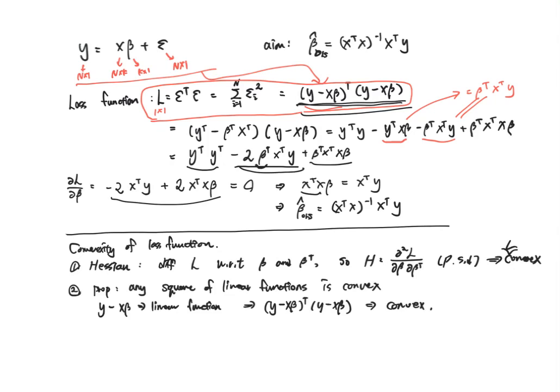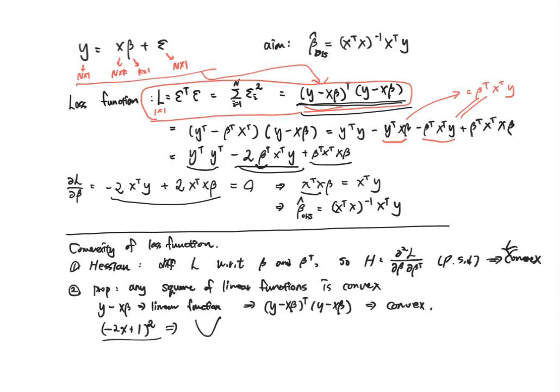If you don't understand, then just try with a simple linear function in scalar form. For example, (minus 2x plus 1) squared. If you draw this function, it would look like this. So it's convex.